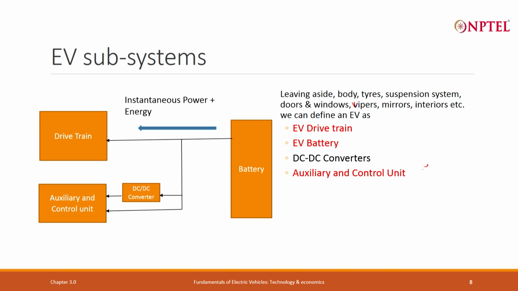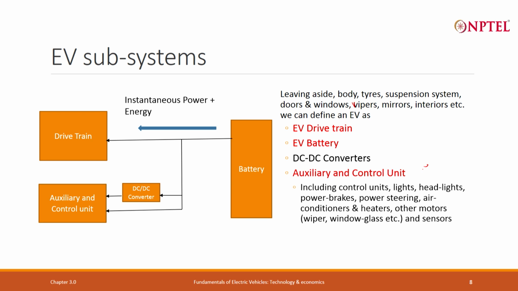In fact, even the opening of doors nowadays, electrically you open the door, that is also auxiliary and control systems. So, it is primarily a drivetrain and EV battery. These are the two most important things. Then there is a DC-DC converter, so that the required voltages you can get, and an auxiliary control unit. Essentially power is required by these three: drivetrain, battery and auxiliary control units.